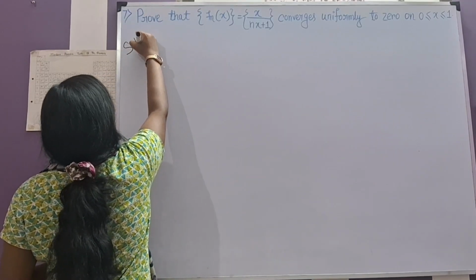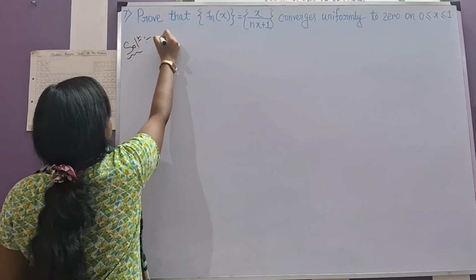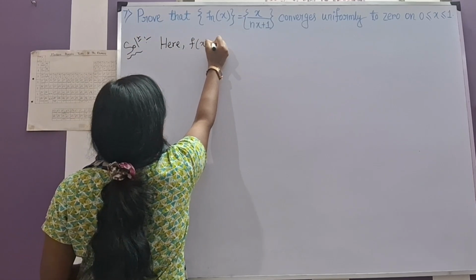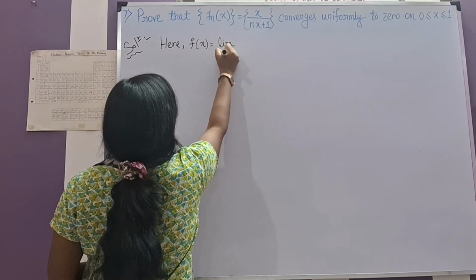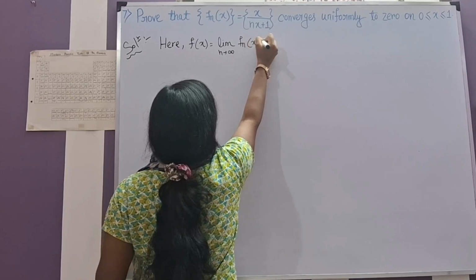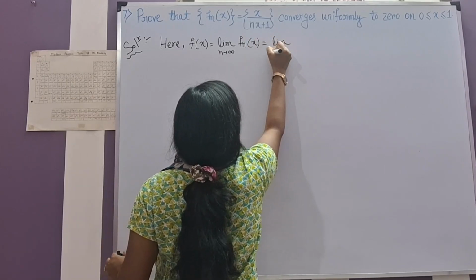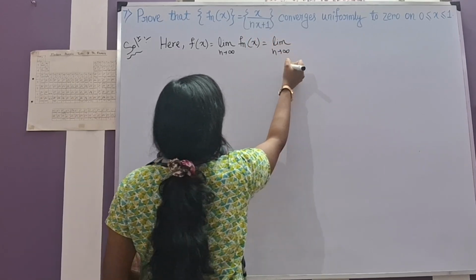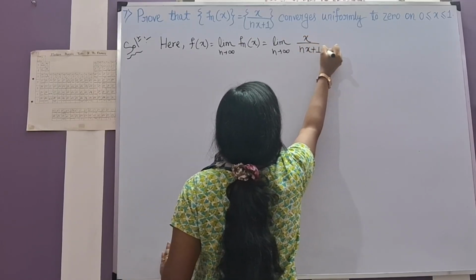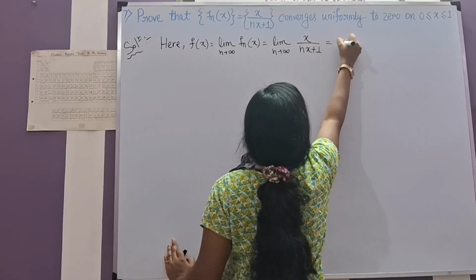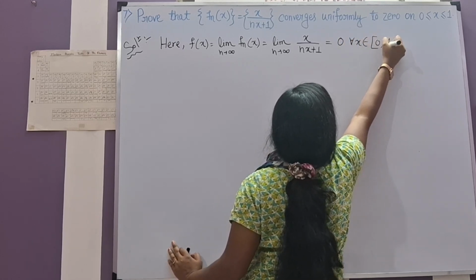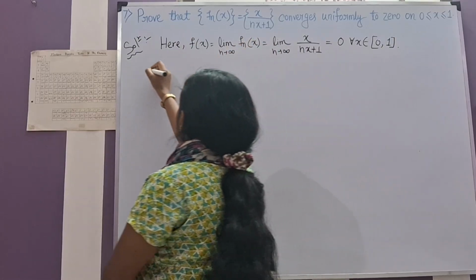Now we are going to solve this numerical. Here f of x equals the limit as n tends to infinity of fn of x, which equals the limit as n tends to infinity of x by nx plus 1, which equals 0 for all x belonging to the closed interval [0, 1].